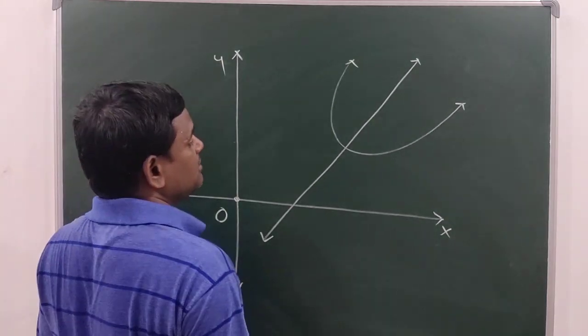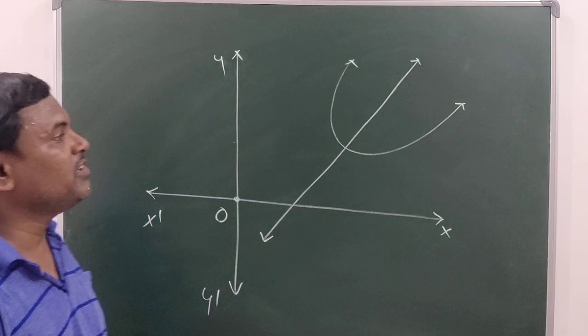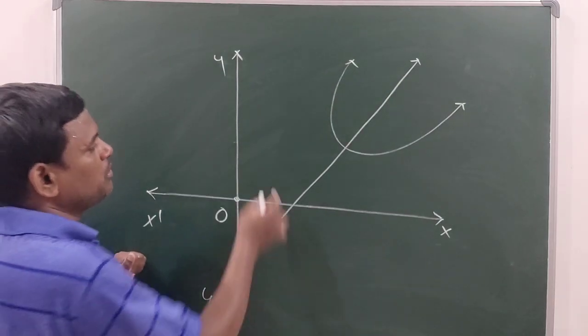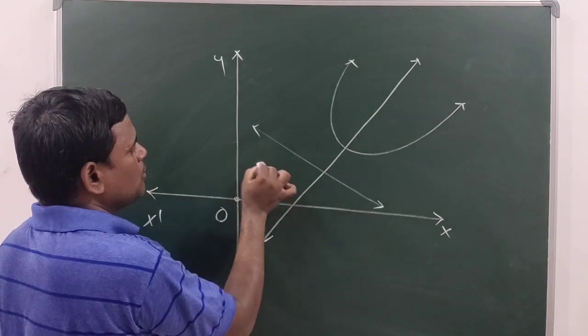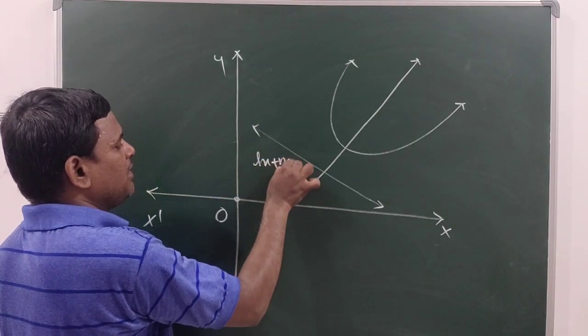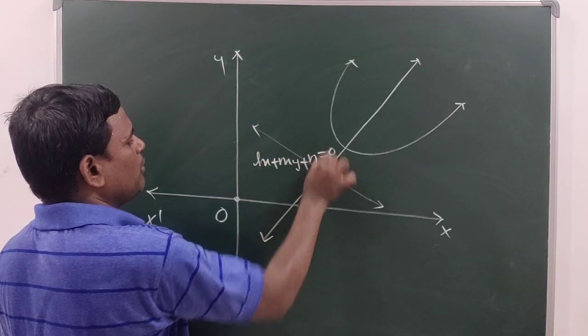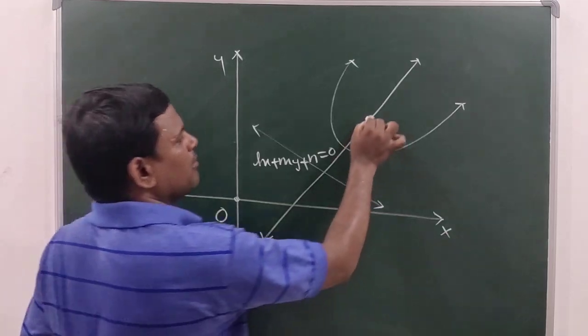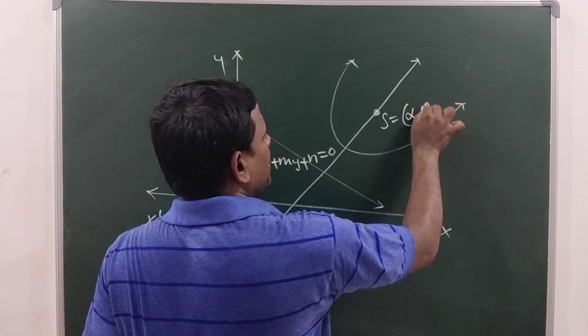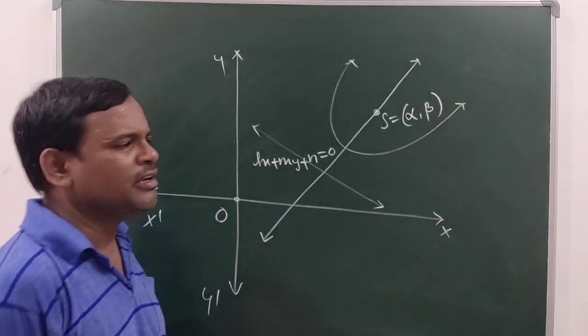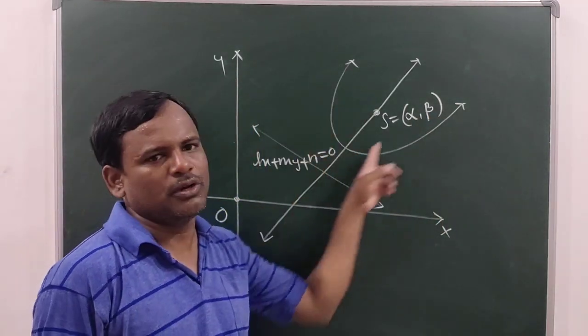So in this case, to determine the equation of the parabola, they will give you the directrix equation, Lx plus My plus n equal to 0, and the focus coordinates also will be given to you, like alpha comma beta, and they will ask you to find the equation of this parabola.